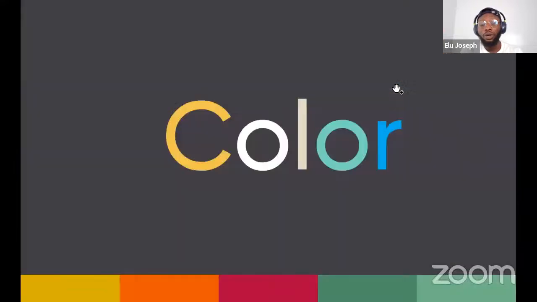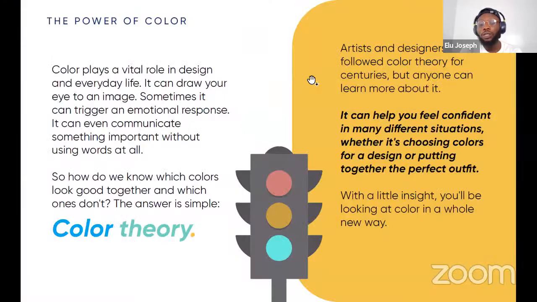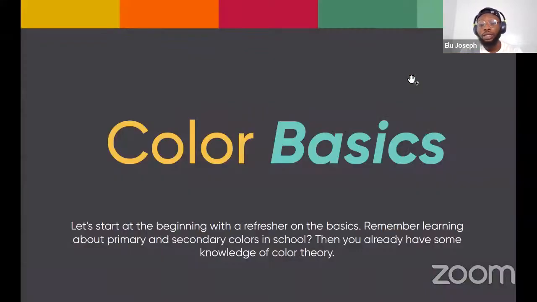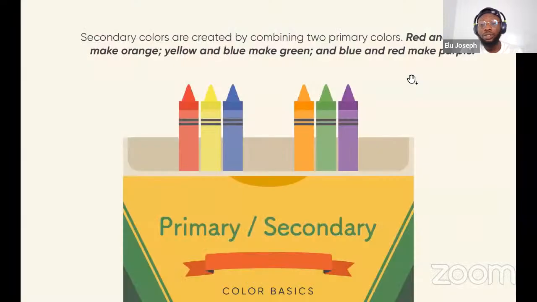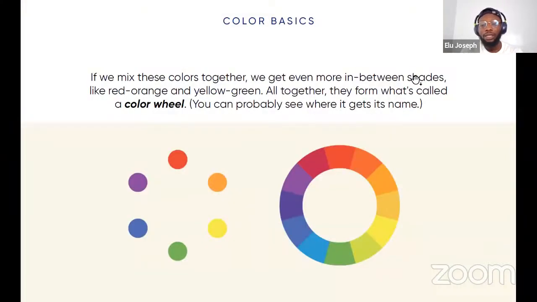Then we moved into color and we explained how color is also everywhere in everything because it plays a vital role. And I told you that colors have emotions because they communicate, using the restaurants as example. And then we talked about the primary and secondary colors, how you mix them and you get the color wheel.